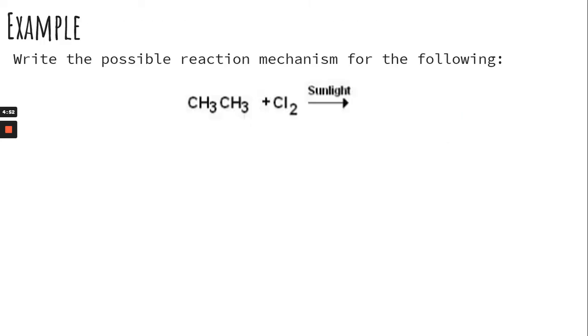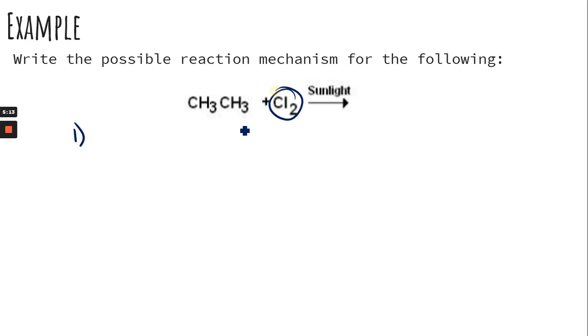We'll talk about what happens when we have alkenes in the next discussion. So the possible questions then that are going to be asked about these substitution reactions is they might ask you to write a possible mechanism. And when they ask you to write the possible mechanism, they're not asking you for all the possible choices. They're just asking for a choice for each of those steps. So first we have our initiation step.